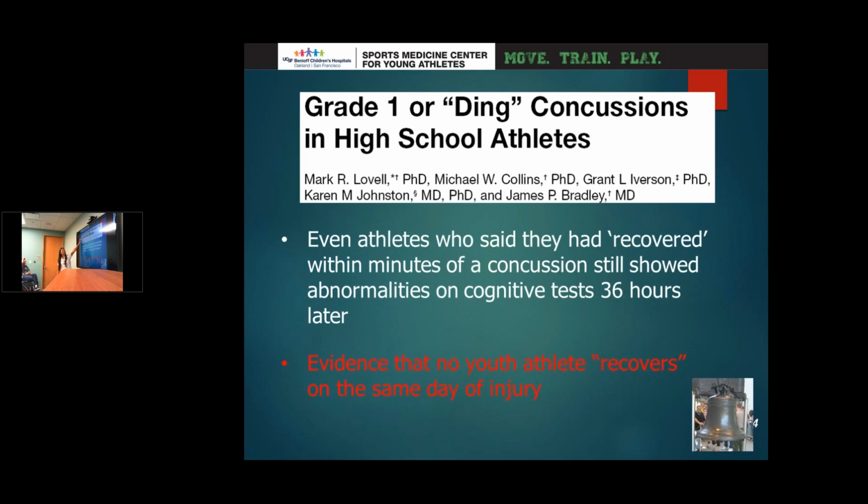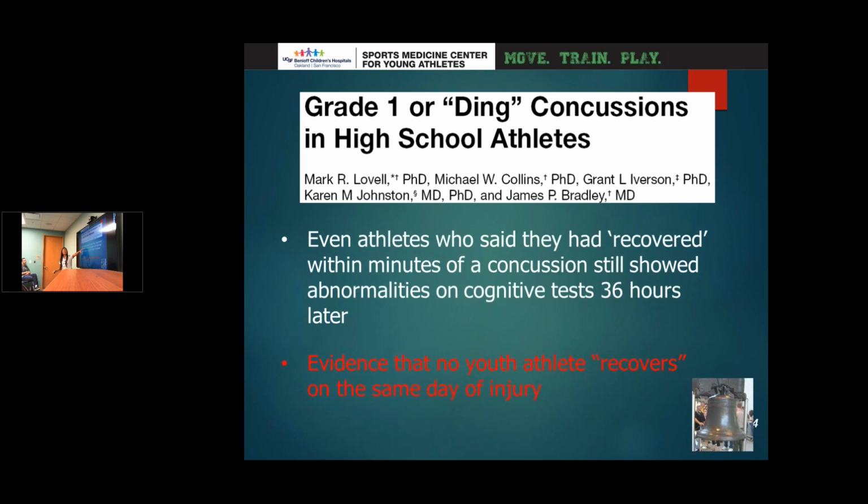Grade 1 or D concussions. These colleagues of ours, who are now at Pittsburgh, basically did, these are high school football players, baseline neurocognitive tests, meaning they were looking to see how well their brain functioned, okay, before the football season. Then after they had a concussion, they repeated these tests. And they didn't change how people managed them.